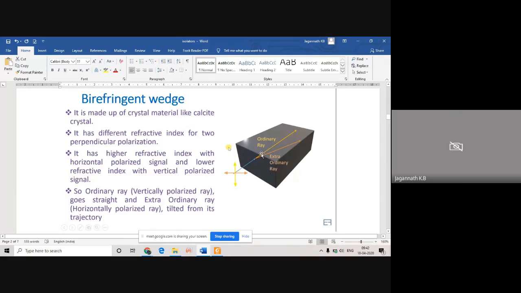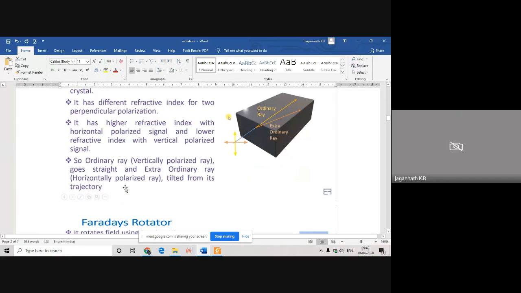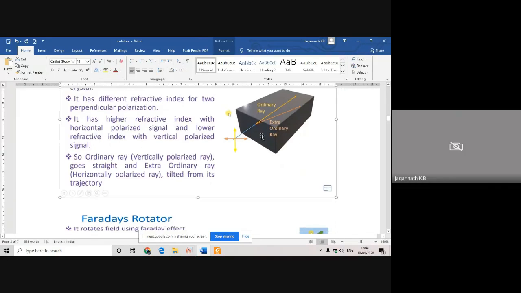In the low refractive index material, if you send a vertically polarized signal, there won't be any bend, so the data will move in the same direction, right? You can see this. It has a higher refractive index for the horizontally polarized signal and a lower refractive index for the vertically polarized signal. So horizontal signals will bend, and vertically polarized signals will move in the same direction.